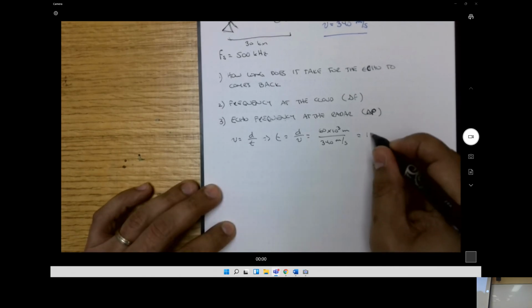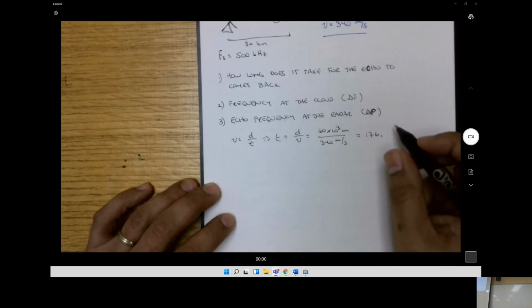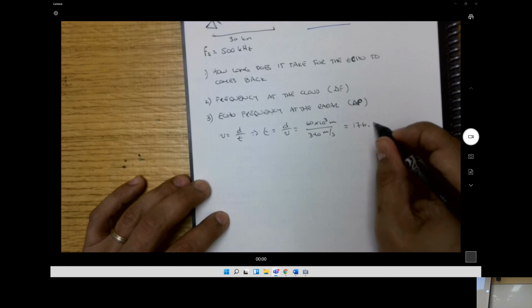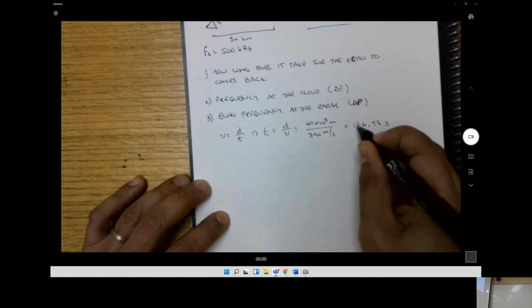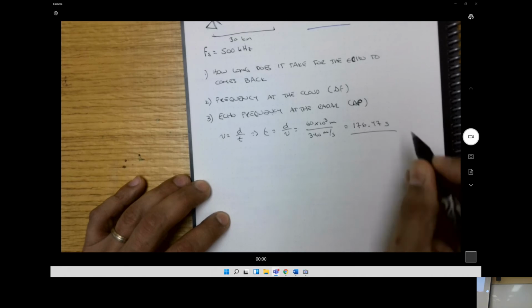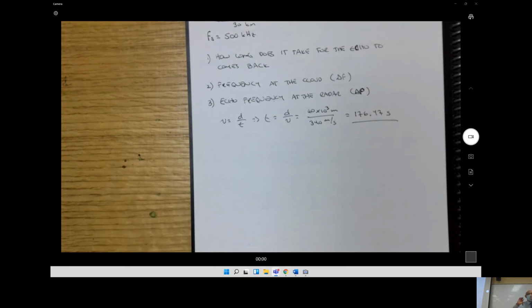I have 176.47 seconds. So almost 3 minutes for the round trip.